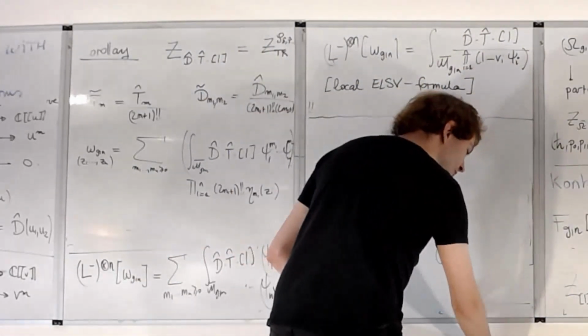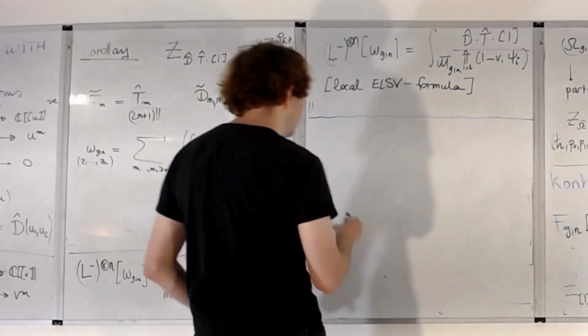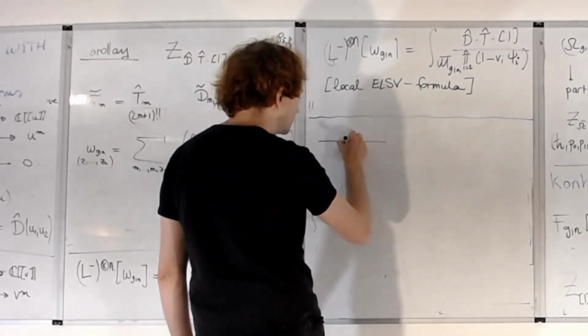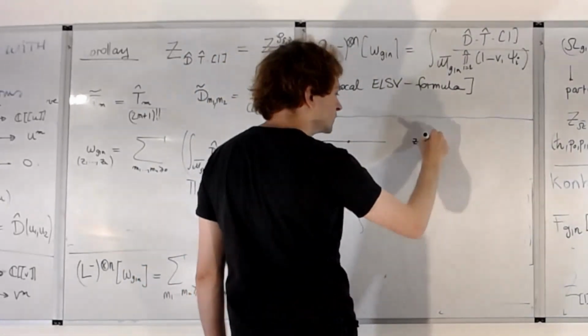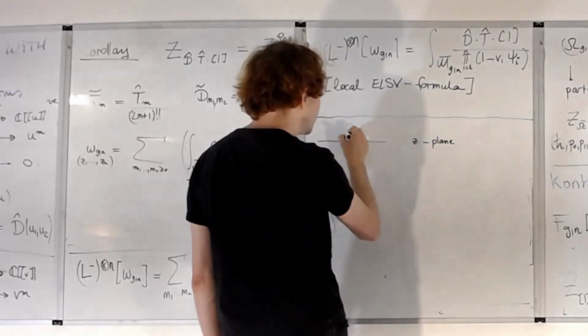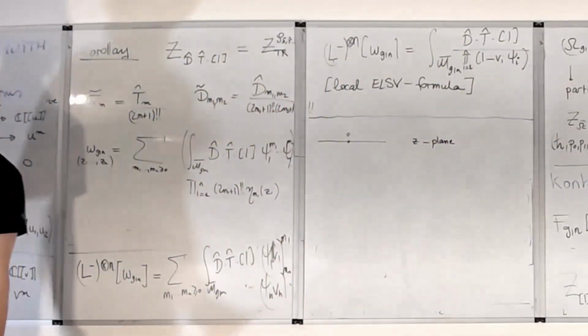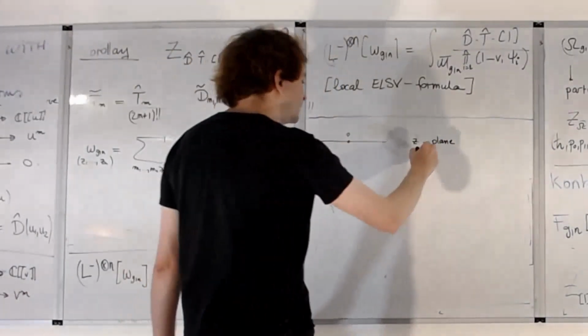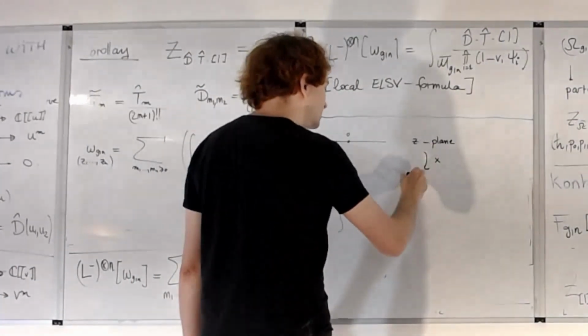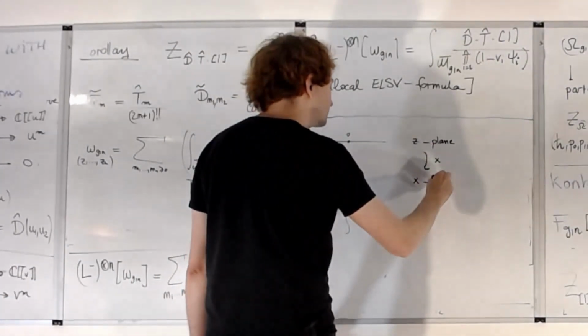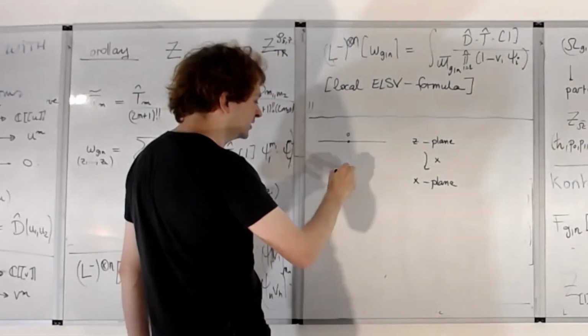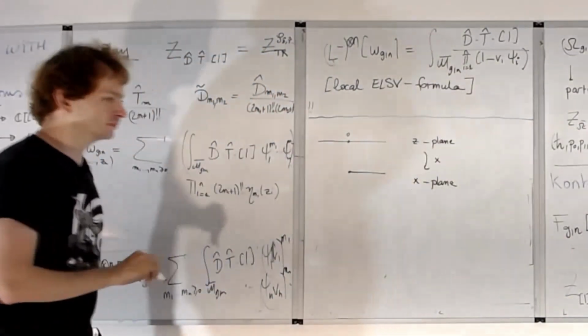This is based on the following computation. So this is the z-plane, the neighborhood of the branch point, which is here in the spectral curve. And I have the x projection, so here I have the x-plane. This thing gets mapped to here, the real positive axis.